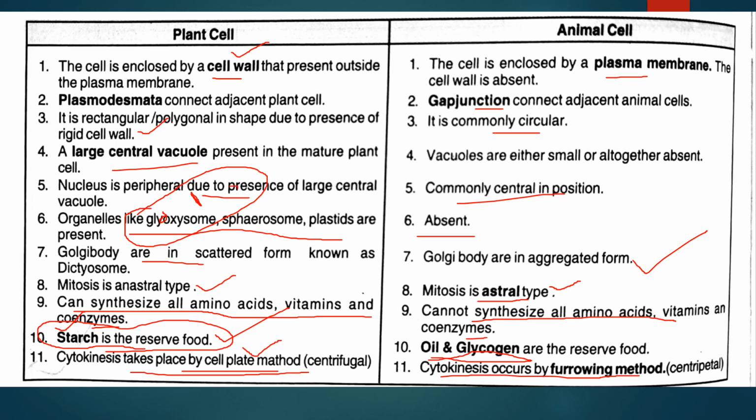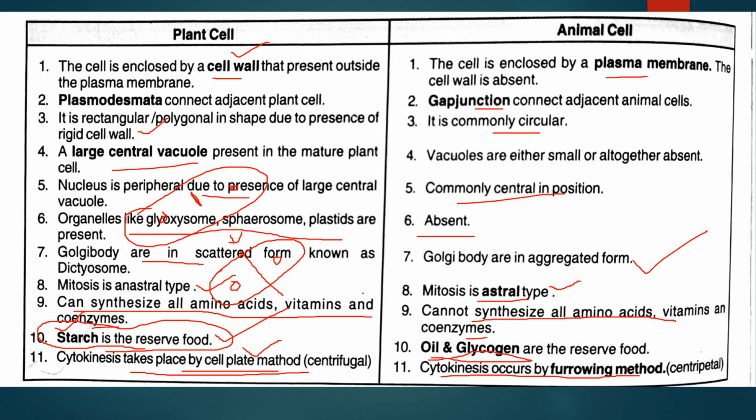Later on, it will grow towards the periphery, and this method is known as centrifugal. And finally, two cells are formed, or a wall between these two nuclei is formed, separating the cytoplasm. So it is the cell plate method.